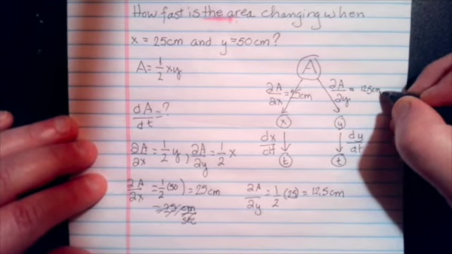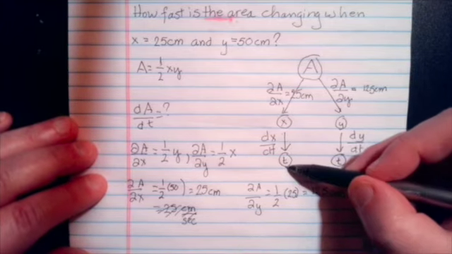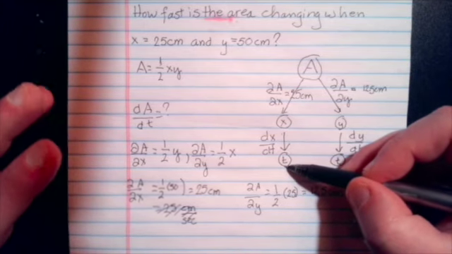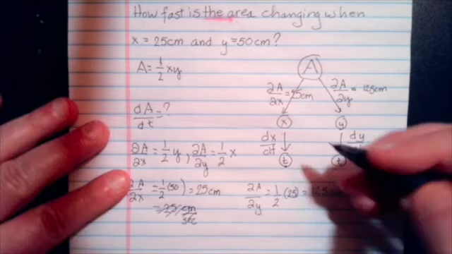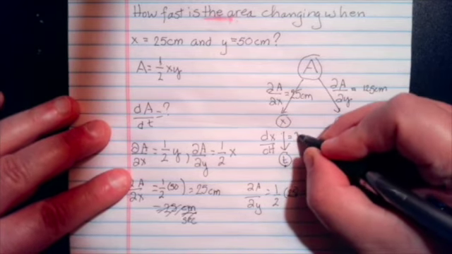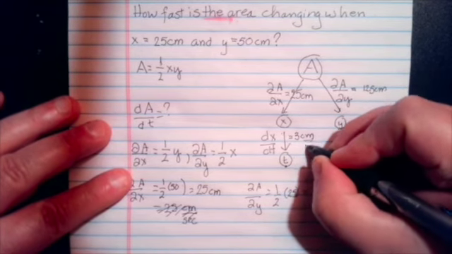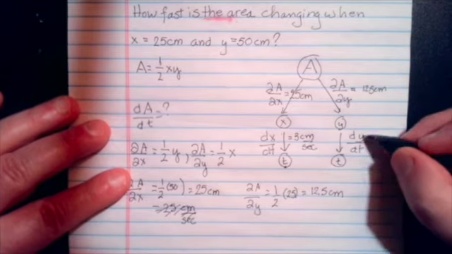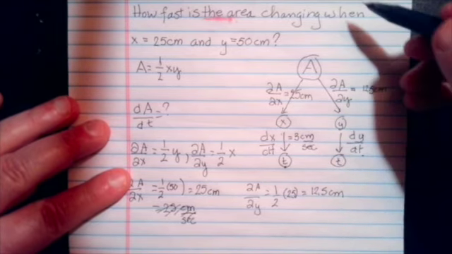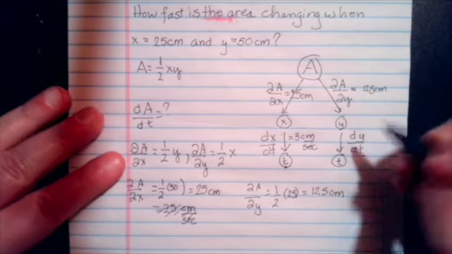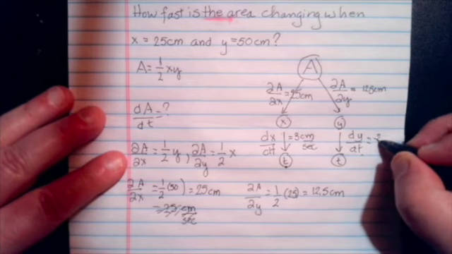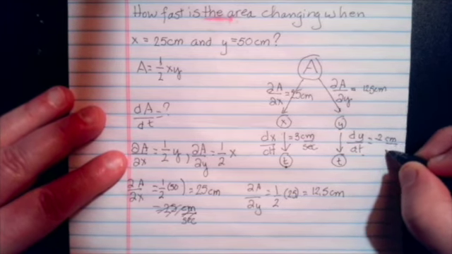Now dx/dt, that's the rate at which x is changing. We're told it's increasing at 3 centimeters per second. dy/dt, y is decreasing at 2 centimeters per second, so that's going to be negative 2 centimeters per second.